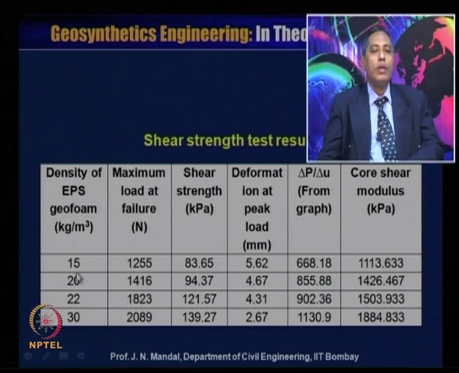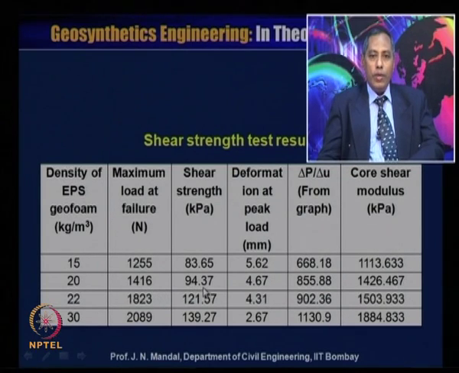When the density of the EPS geofoam is 15 kg per meter cube, the maximum load at failure is 1255 Newton, the shear strength is 83.65 kilopascal, the deformation at peak load is 5.62 millimeter, delta P by delta U is 668.18, which you can obtain from the graph, and the core shear modulus is 1113.633 kilopascal.